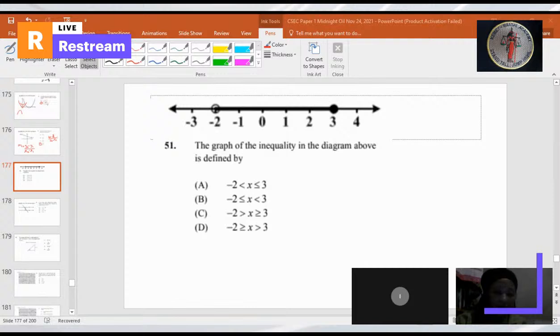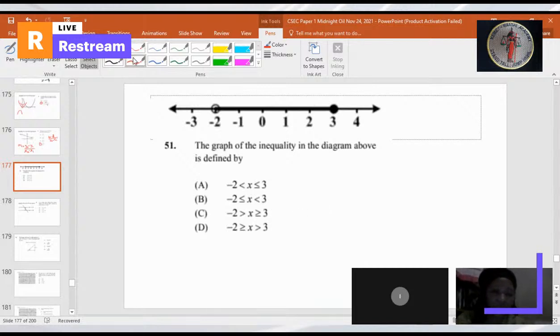Based on what you're seeing on the screen, Imani, how would we read that inequality? Okay, miss. It can read x is greater than -2 and less than or equal to +3.